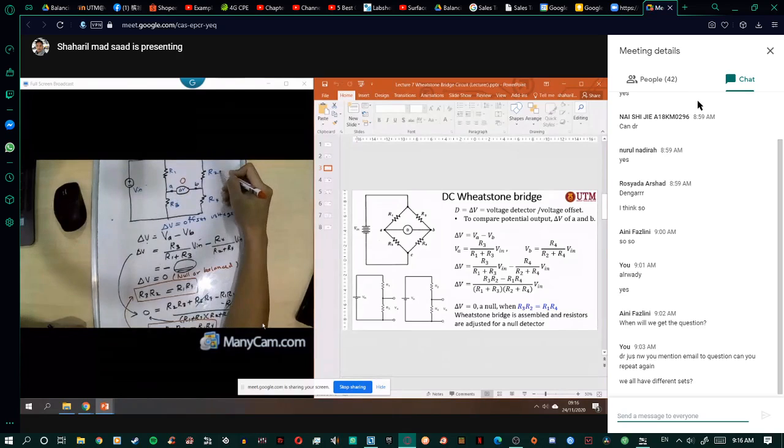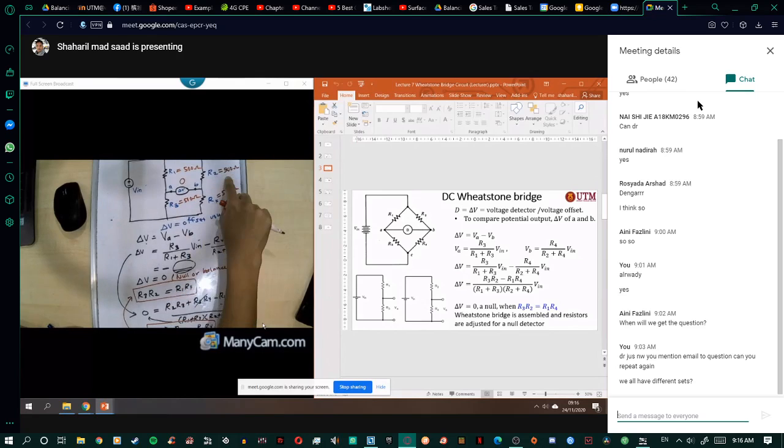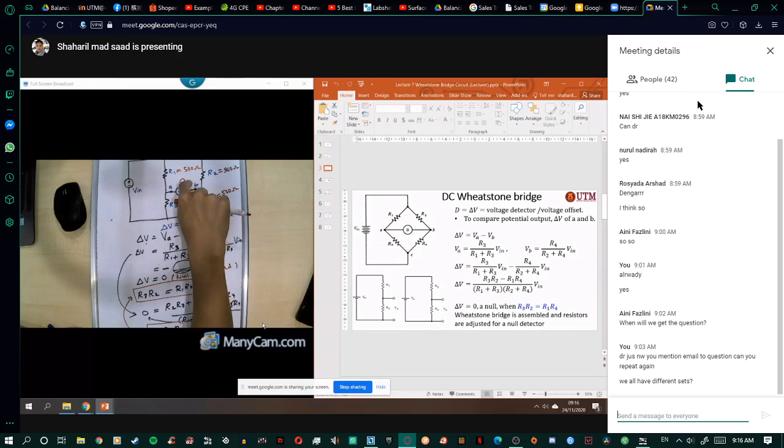You can use the same resistor. For example, let's choose 500 ohm for this one, this one, this one, and this one. So R2 times R3 equals R1 times R4: 500 times 500 equals 500 times 500. So here we get delta V equal to 0.